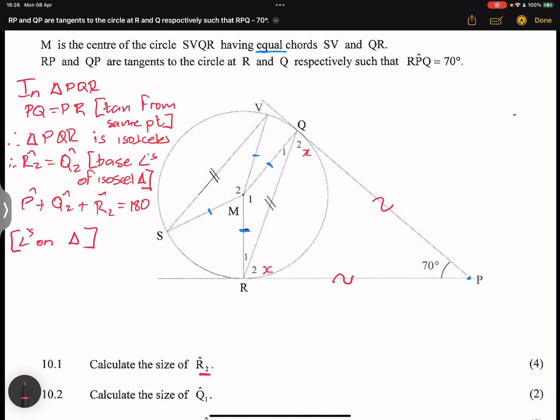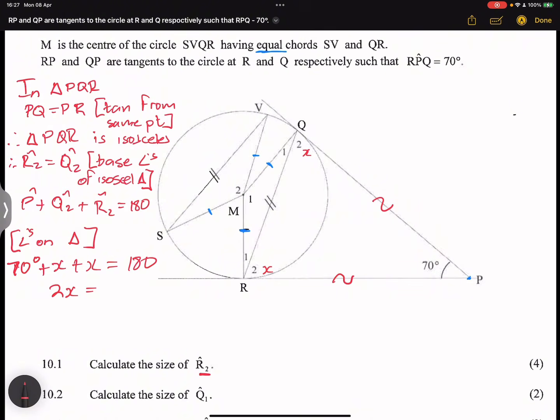So we know that angle P is 70 degrees. We were given that, or what they called RPQ. And Q2 is X, and we said R2 is also X, and that's equal to 180. Okay, so which means 2X is equal to 180 minus 70.